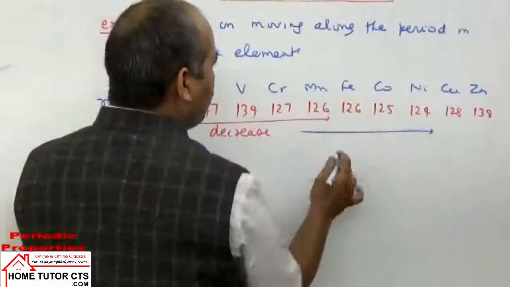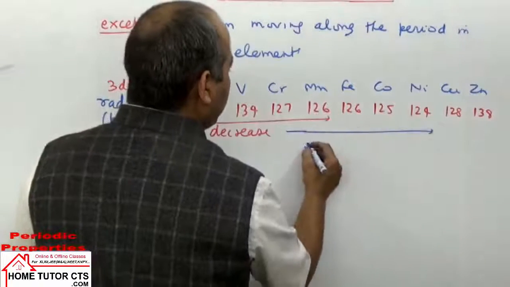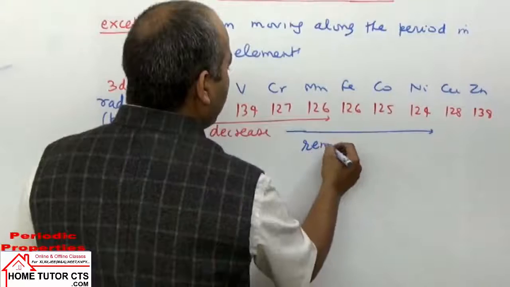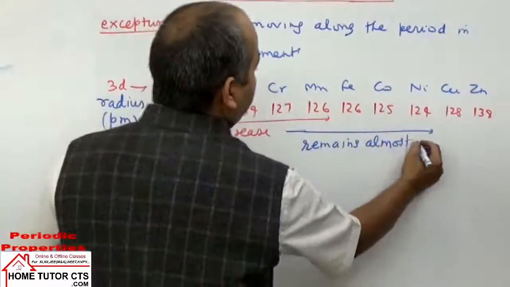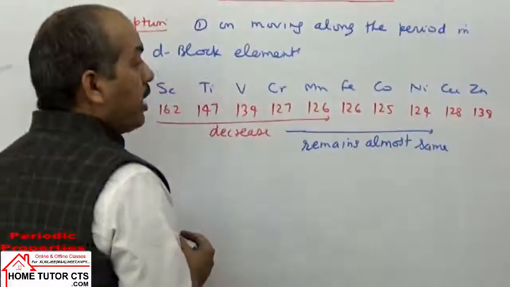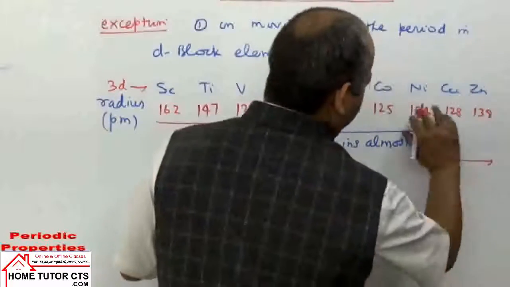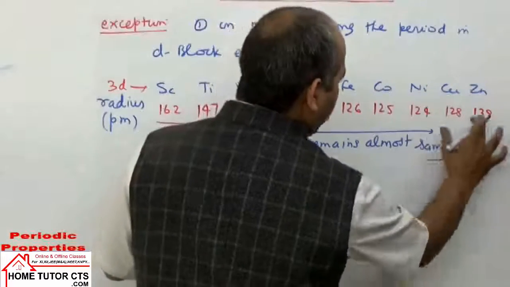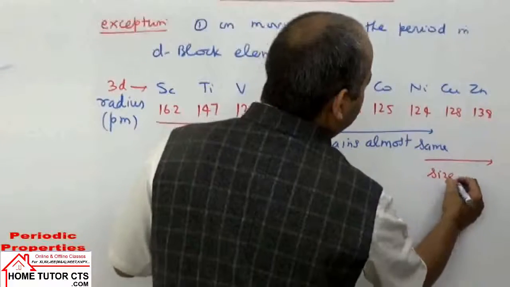The size remains almost the same. And for the last 2-3 elements, what happened to atomic size? It increases. For the last 2-3 elements, size again increases.